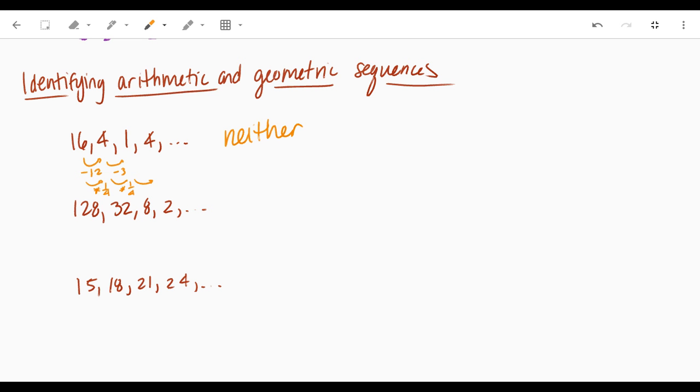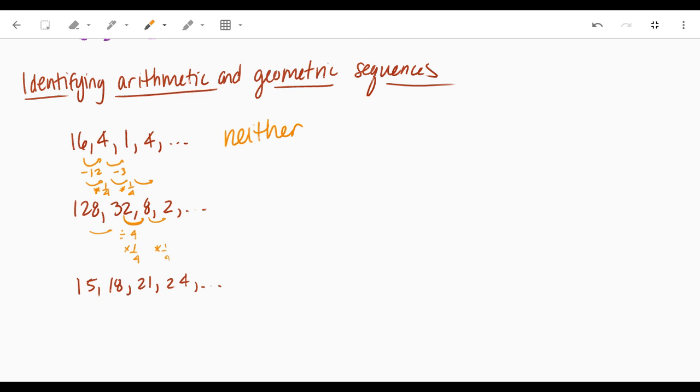All right, for the next one, I can already tell I'm not adding the same thing. I'm not even going to worry about the big numbers there, but to get from 32 to 8, I would subtract 24, and to get from 8 to 2, I would subtract 6. It's not arithmetic. To get from 32 to 8, I would divide by 4, which is the same as multiplying by 1/4. 8 to 2 is also multiplying by 1/4.